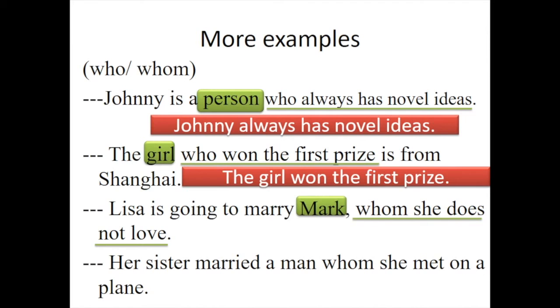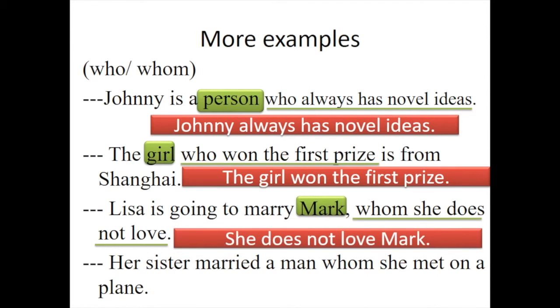And the original form of this relative clause should be: she, or Lisa, does not love Mark. You can find that Mark is in the object position of the sentence. That's why in this sentence, we need to use the word whom to replace it and to link two clauses together.